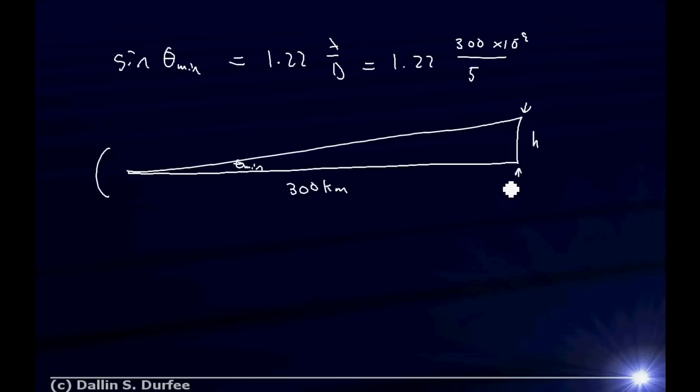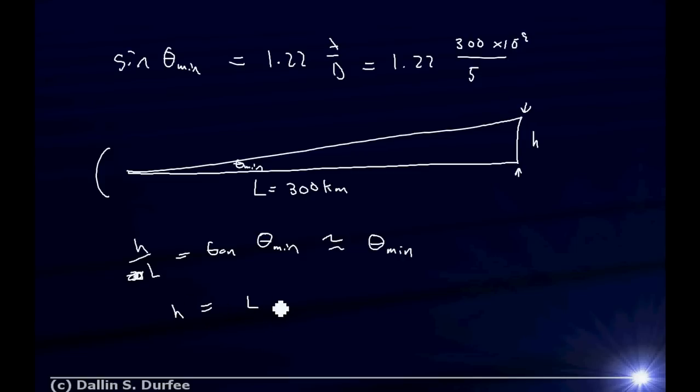What is h? Well, h over L, where L is 300 kilometers. I don't want to get in the habit of plugging in numbers too soon. So h over L is just the tangent of theta min, which, since this is a really small angle, tangent and sine are both about equal to theta min. So the smallest size thing, h, is just L times theta min.